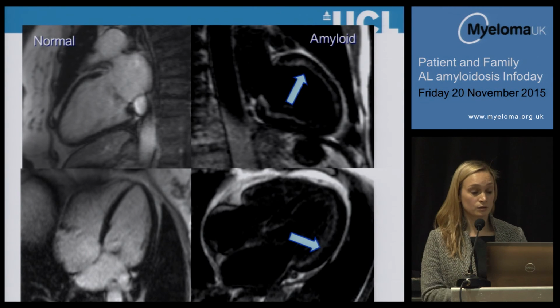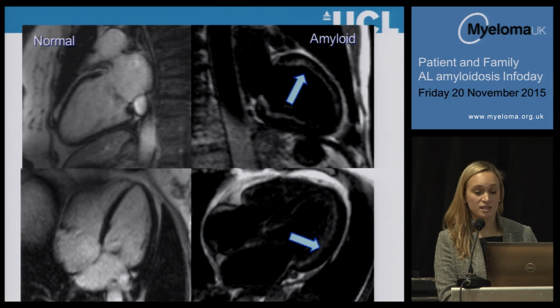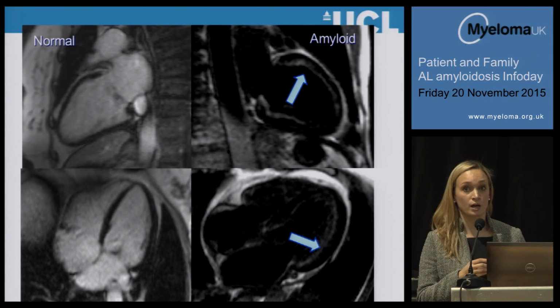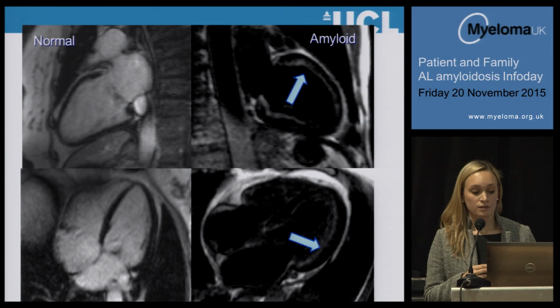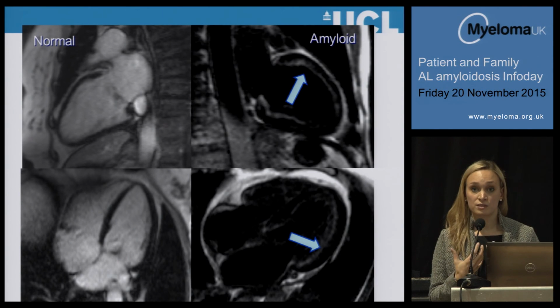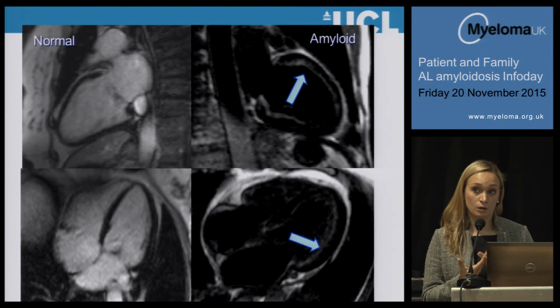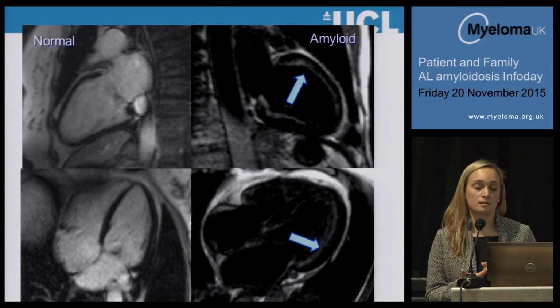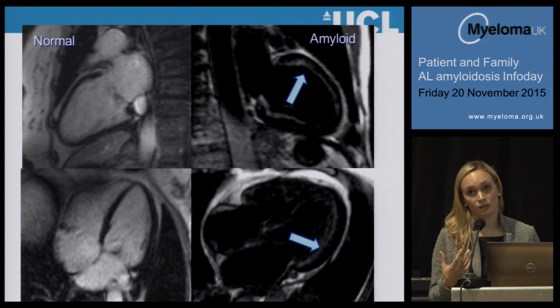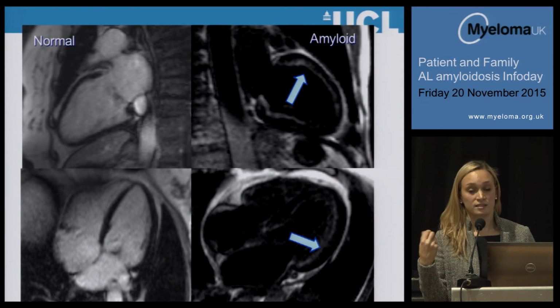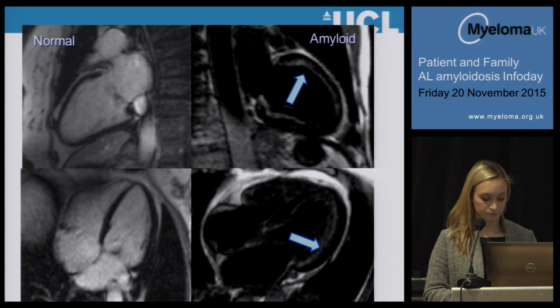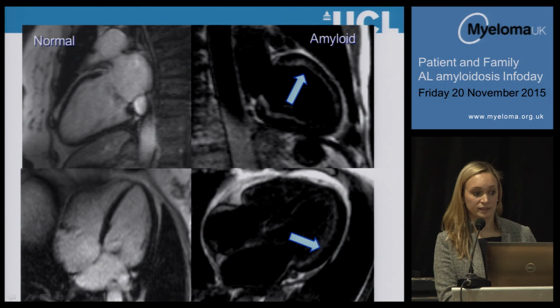After contrast, we get very specific pictures for amyloid infiltration. Once we give the contrast, the appearance is so typical that we know almost 100%, not in every case, but the diagnostic accuracy is quite high, whether the cause of the thickening is amyloid or something else. Again, normal on the left, amyloid on the right. As you see, the difference is striking.